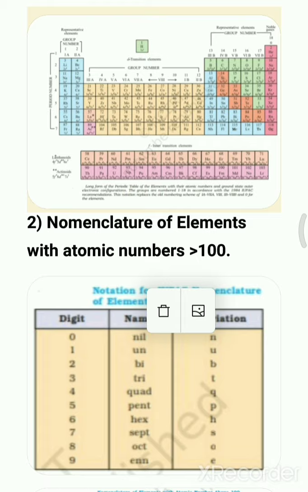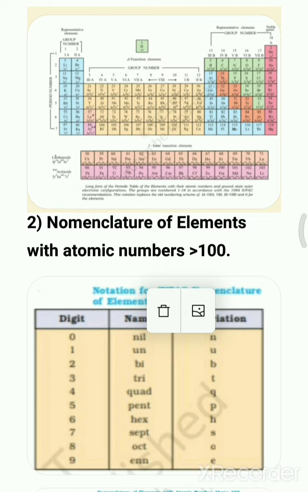The permanent name might reflect the country or state in which the element was discovered, or pay tribute to a notable scientist, as per IUPAC regulation. As of now, elements with atomic numbers up to 118 have been discovered, and official names of all elements have been announced by IUPAC.